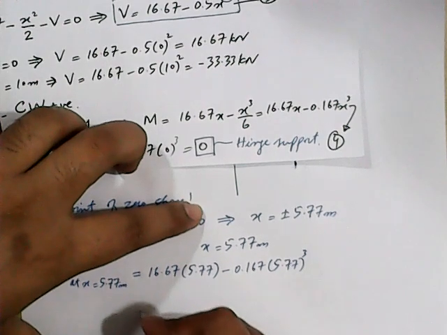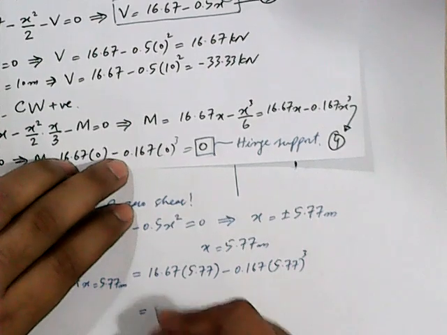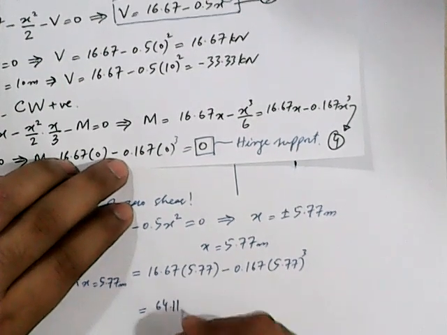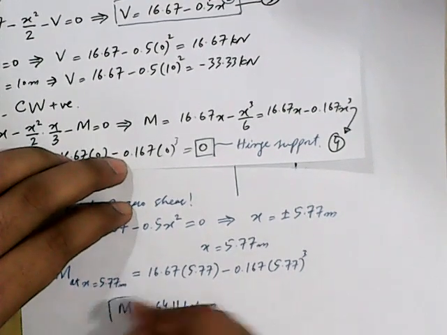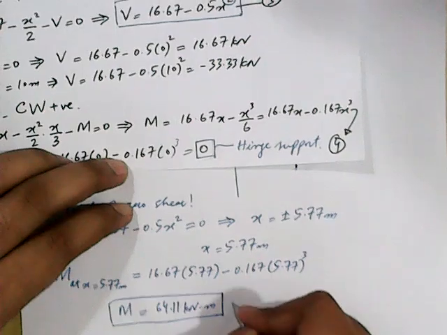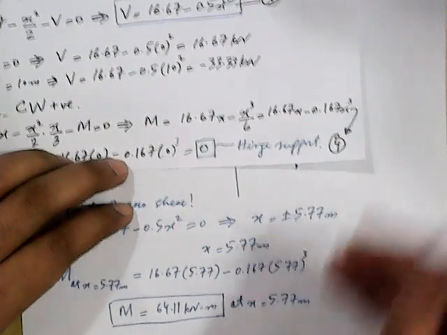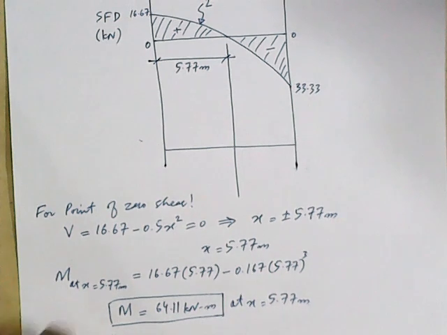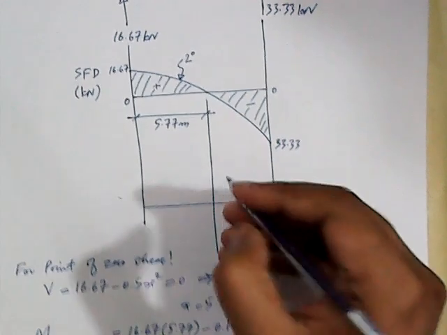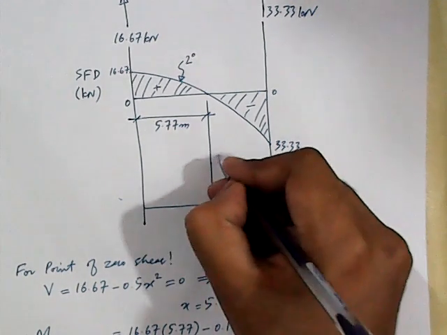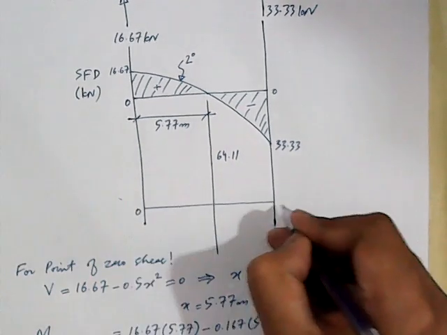If we solve this equation, we get the value of M as 64.11 kilonewton meter. So we have got the ordinate of the bending moment diagram at this location. It is 64.11 kilonewton meter, and this is the zero line.